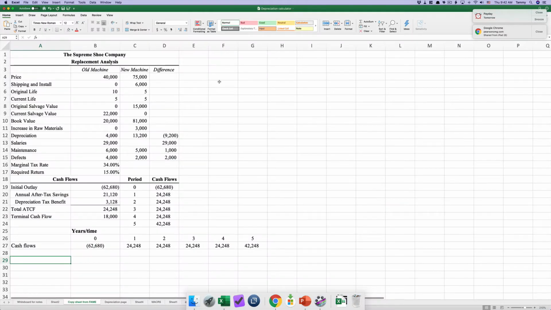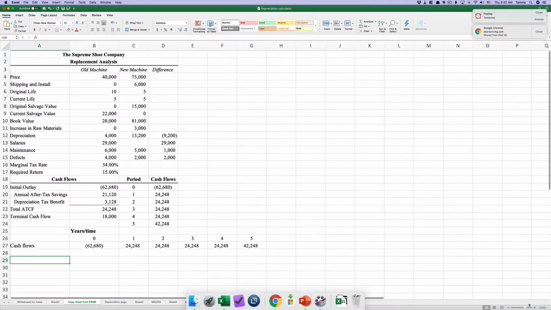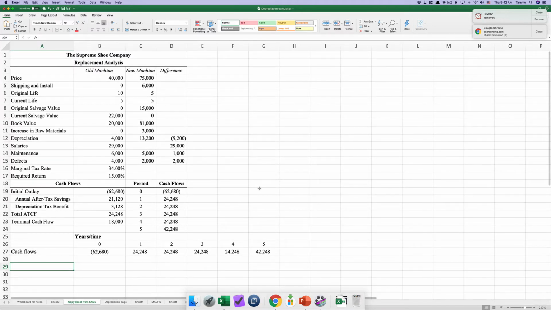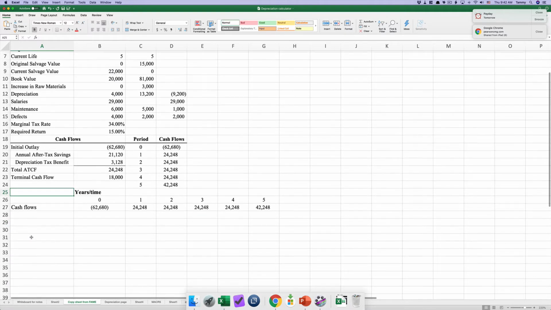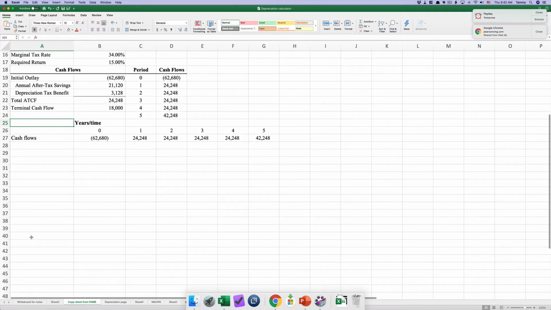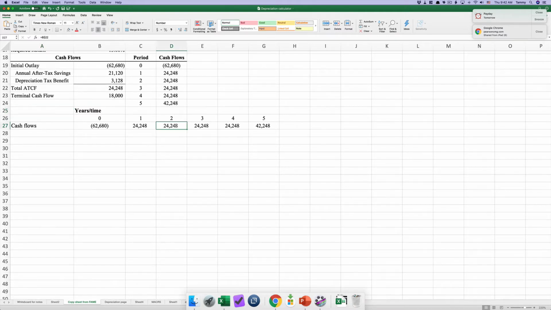Okay, so here we are. This is the Excel workbook that we have been using, and I took out some of the extra lines that we did. Let me scroll a little bit. In these rows is where we're going to be starting. This is our timeline, which I made horizontal because I like to think of it that way.